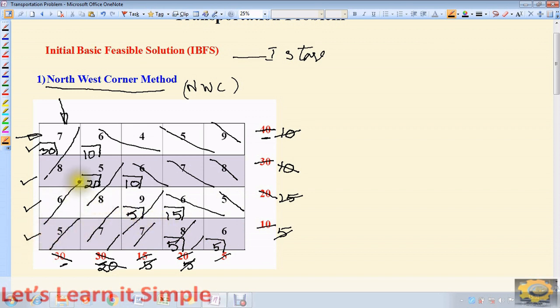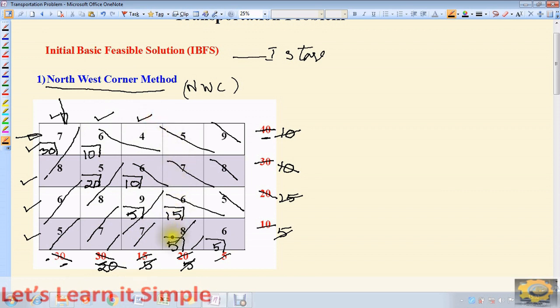Next we move on to columns. In the first column we have 30, the only allocation, and originally it is 30. Done. In the second column we have 10 plus 20, it is 30 originally. So it is also done. In the third column, 10 plus 5, it is 15 in total, and it was originally 15. So third column also done.